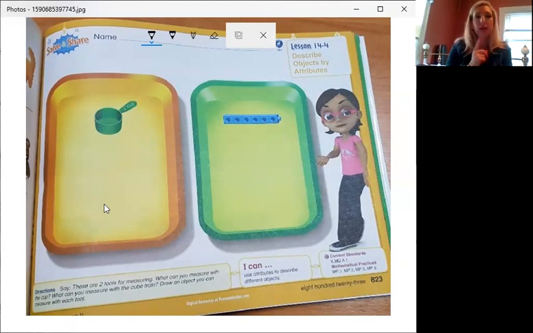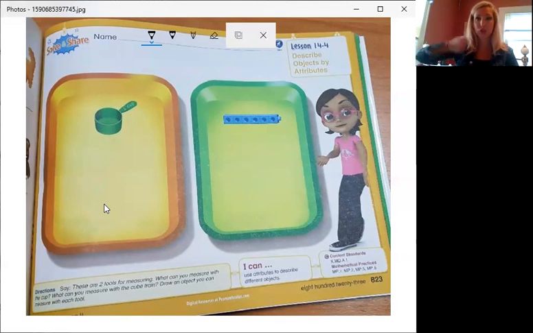Let's think, what kind of things can you put in the measuring cup? Water, okay, water, milk, okay. Any other drinks that you have or liquid you can put inside the measuring cup. What about at school? We have a sand box. Could you put sand in the measuring cup?